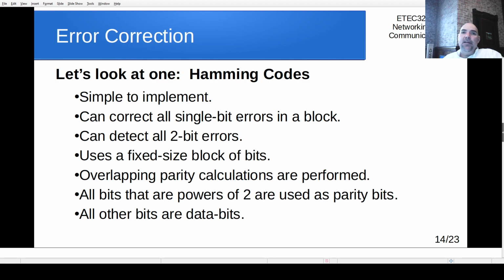If it's odd parity, we add a bit as a 1 or a 0 to make sure the number of ones is odd. So the idea there is that we're going to do that same thing, but we're going to overlap those so different parity bits cover different parts of the message. All of the bits that are powers of 2 in our bit positions for our block are going to be parity bits. All the other bits that aren't powers of 2 we're going to use as data bits.